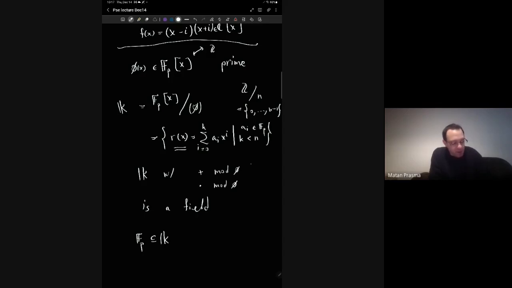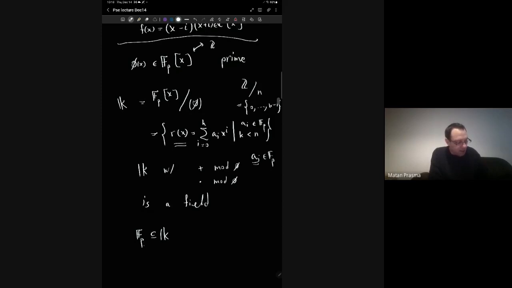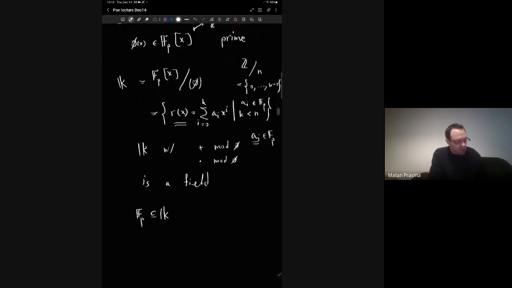So if you give me some a_i in F_p, I can think of a_i as a constant polynomial, right? And so I have F_p contained in K. This means that I can think of phi, this original polynomial, as also a polynomial over K.